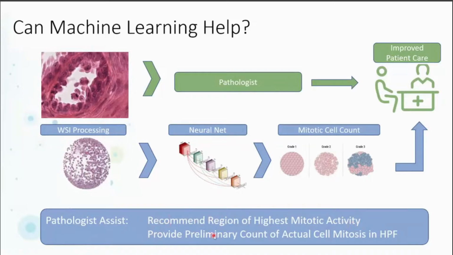And then can we provide a preliminary count of the actual cell mitoses in a high-powered field of view? So we're not eliminating the pathologist at all from the process, but utilizing computer vision tools to assist the pathologist in making their grading.